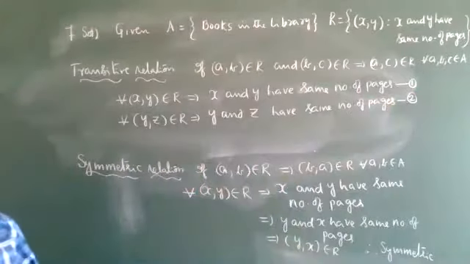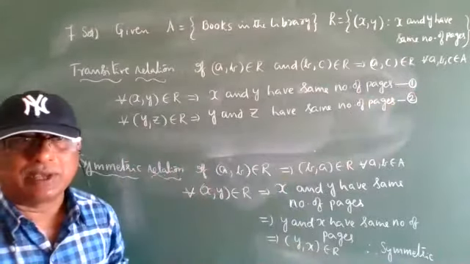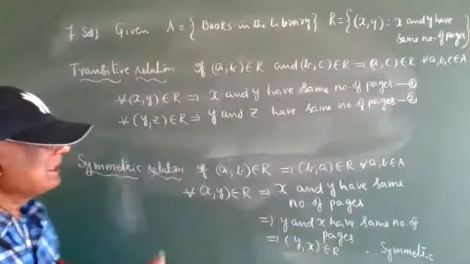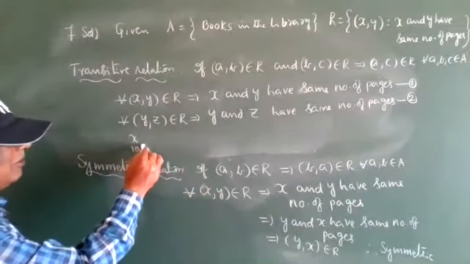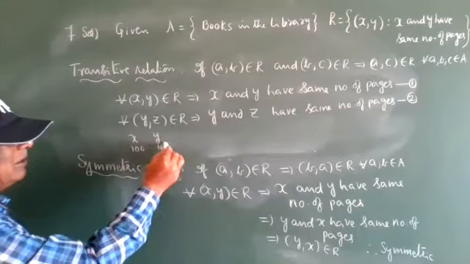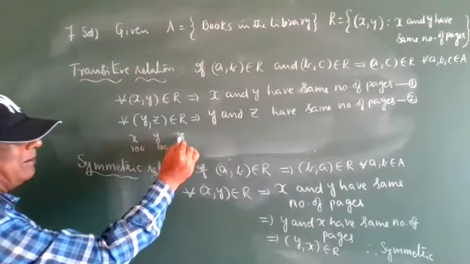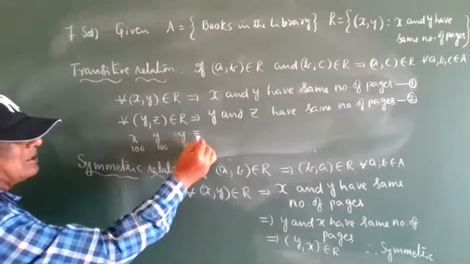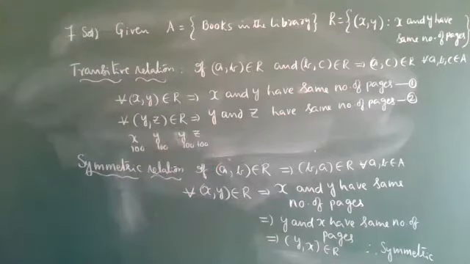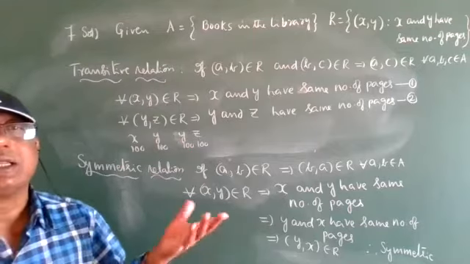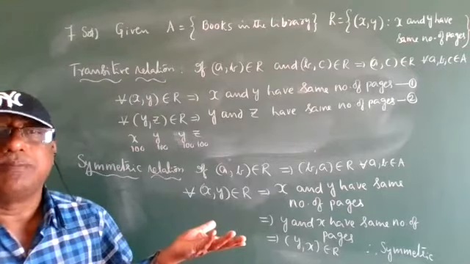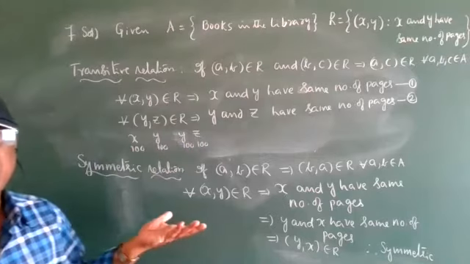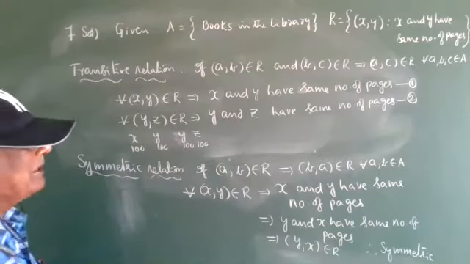Tell me. x and y have the same number of pages: x has 100 pages and y also 100 pages. y and z have the same pages, so y has 100 pages means z also 100 pages. Therefore, x and z have the same number of pages.